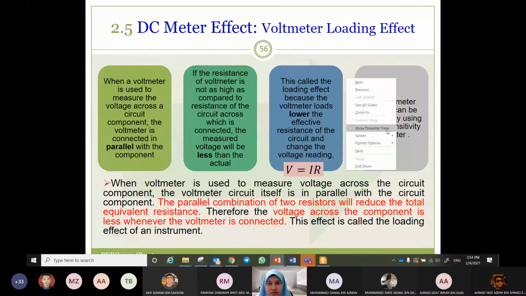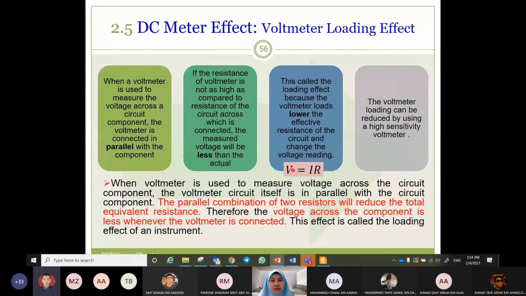Understand or not? This one, yes. Okay, that's why we get lower voltage, due to the internal resistance in the voltmeter.